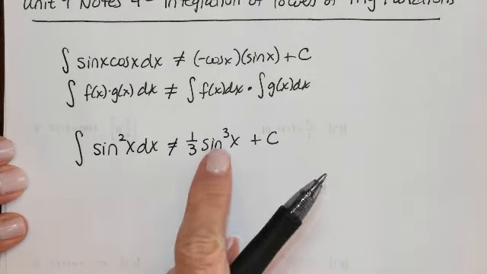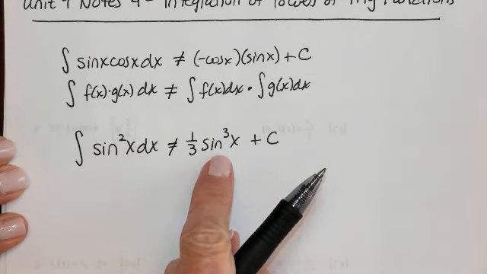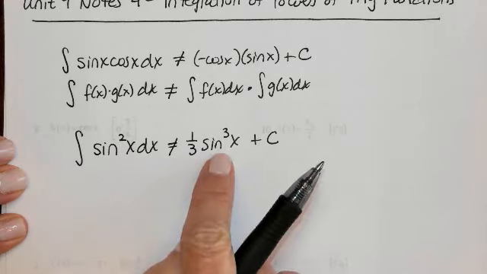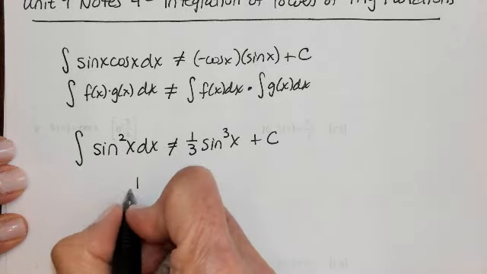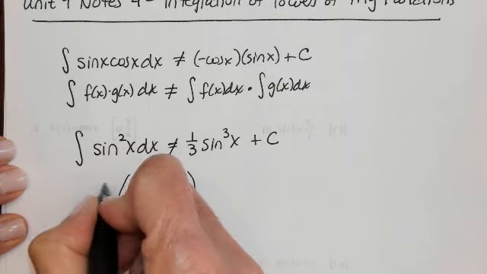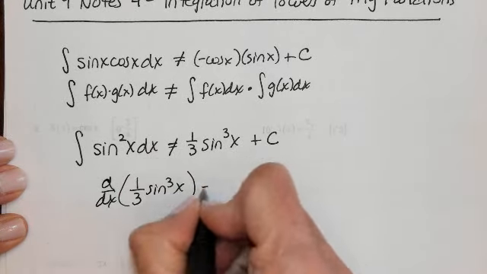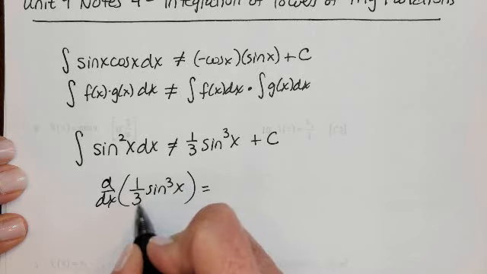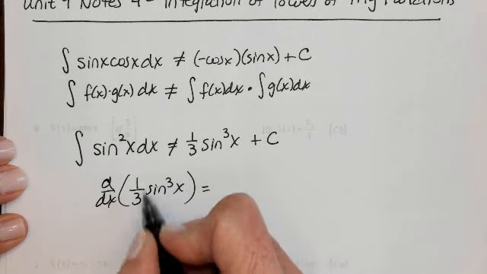Because if we take the derivative of this, we do not get sine squared. Let's come off to the side, and let's take the derivative of that. So, yes, there's a power of 3. I would multiply it by the coefficient. We'd get a 1.